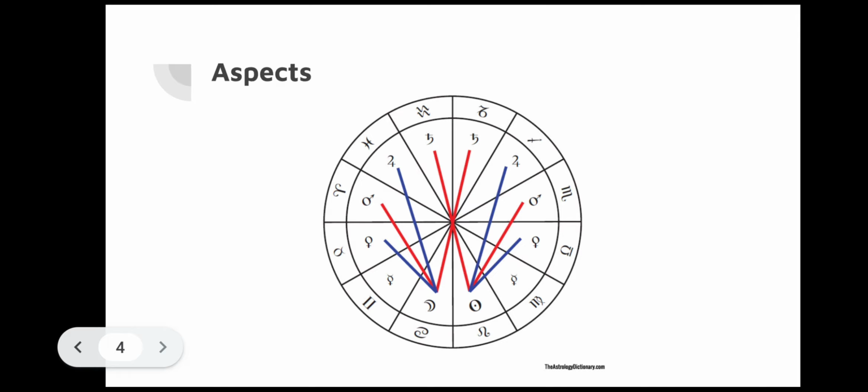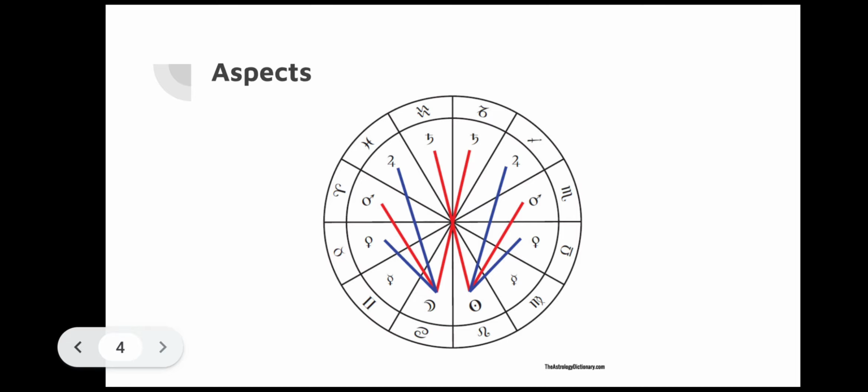And then lastly, our last aspect that we see on here is the aspect from the lights to Jupiter. This is called a trine because it forms like a triangle. There's 3 of them. That's another thing: the square forms a square, and the sextile forms, what's it called, a hexagon? Yes. Okay. So Jupiter is 120 degrees away from the light bringers.